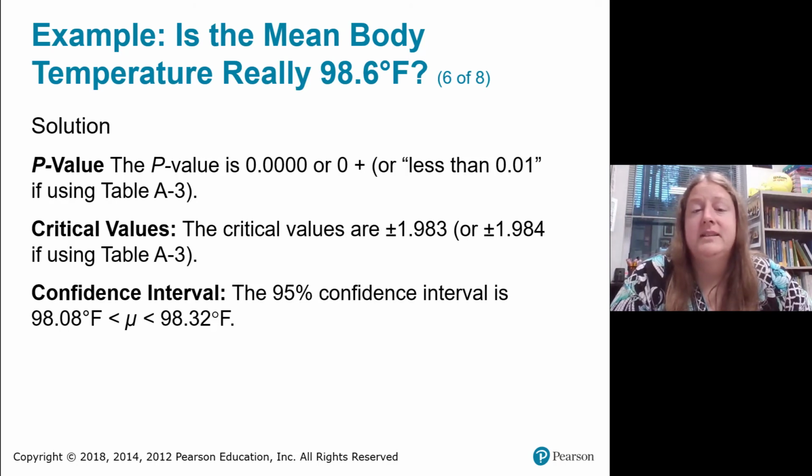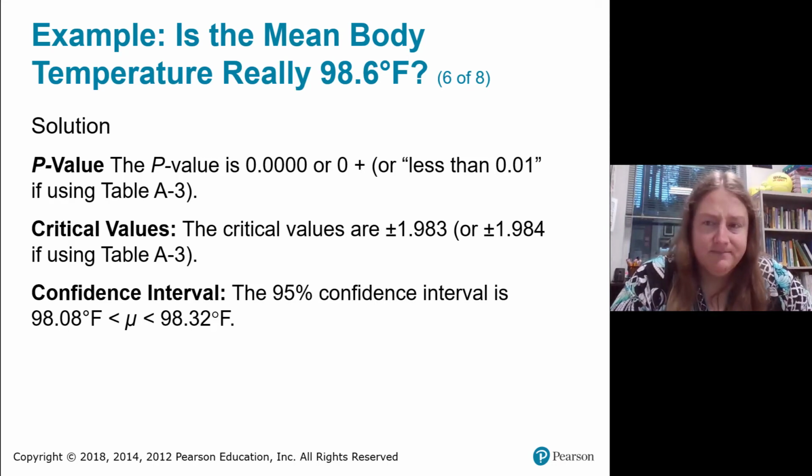It's less than 0.01 if we use table A3, it falls into that band. If we use critical values, the critical values are going to be plus or minus 1.983, or plus or minus 1.984 if we're using the table.